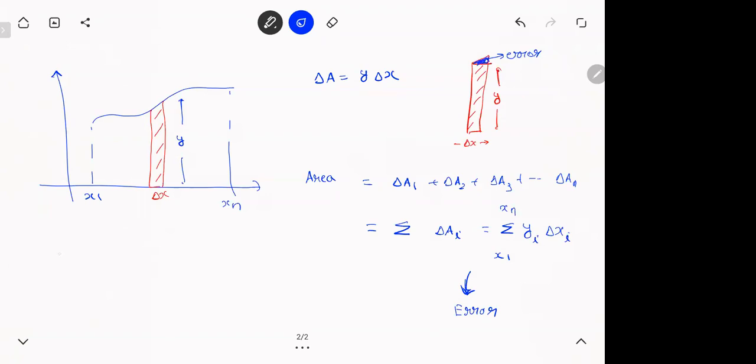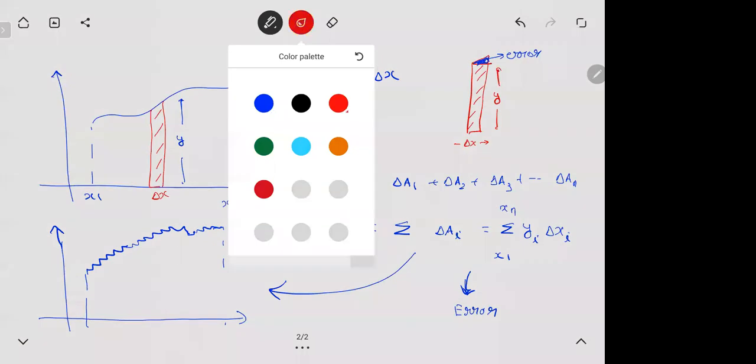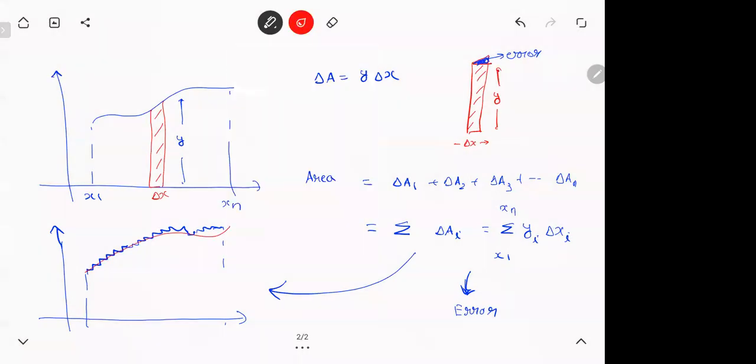Why is there an error? See what you actually did. This is what you found actually. When you're making it into small rectangles, you're saying this curve is equal to that.